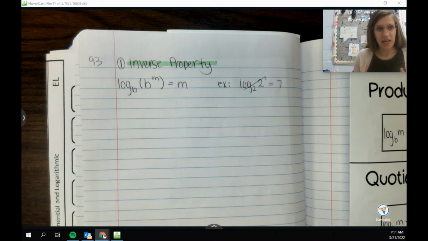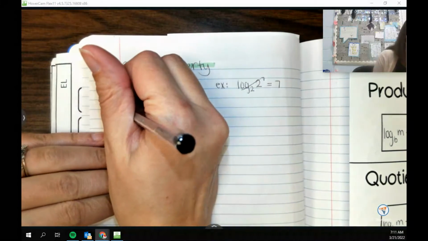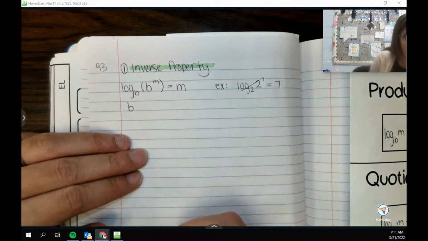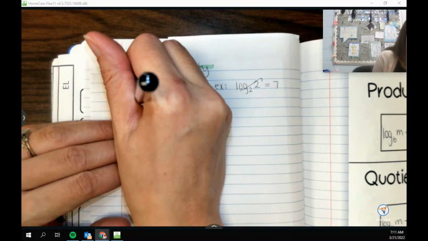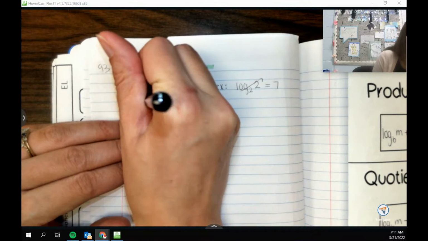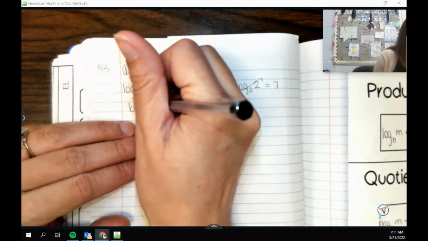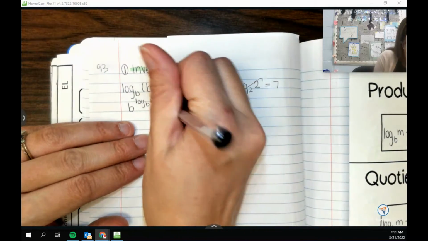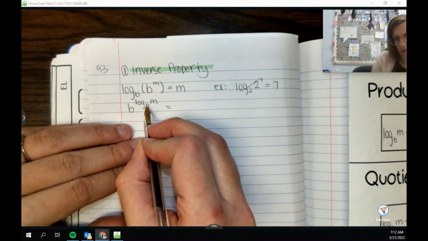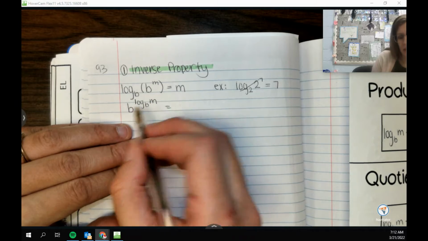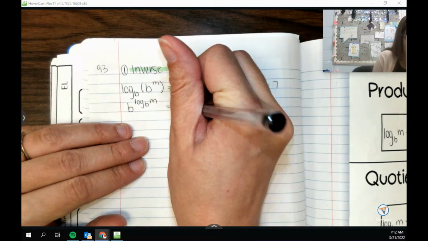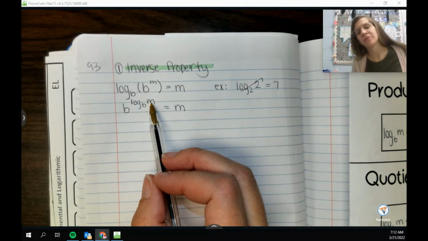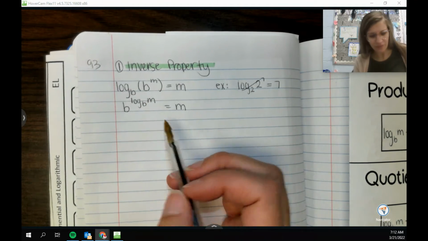Now this kind of works in the reverse order as well. So if I have an exponent with a base of b, and then it has a power with a log base b of some number, then again, because the base of the exponent and the base of the logarithm match, they just kind of go away, and you're left with the thing you're taking the logarithm of.